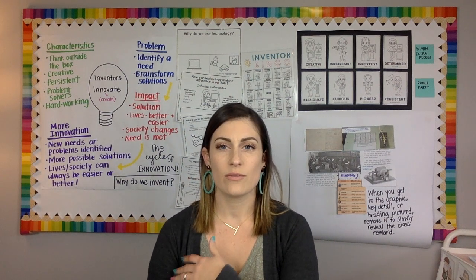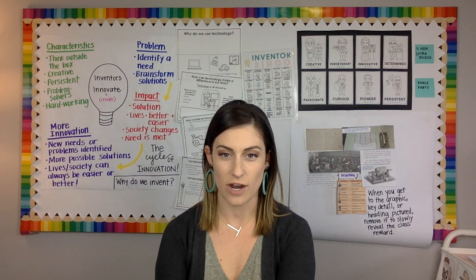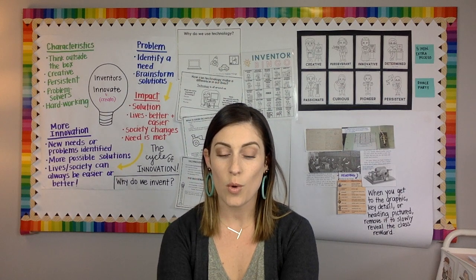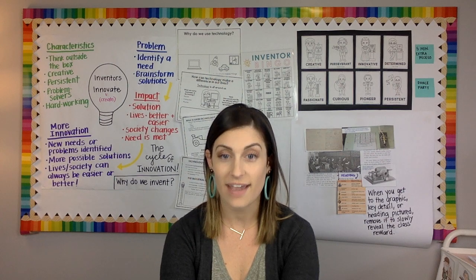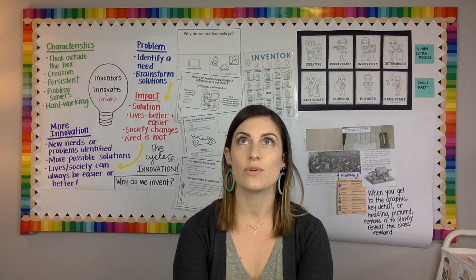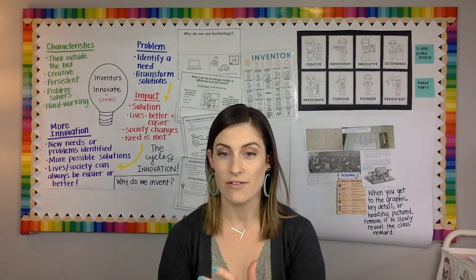Now, when I was in college, I was in a course where we analyzed picture books and novels. And we really focused on bringing the text alive for the students.